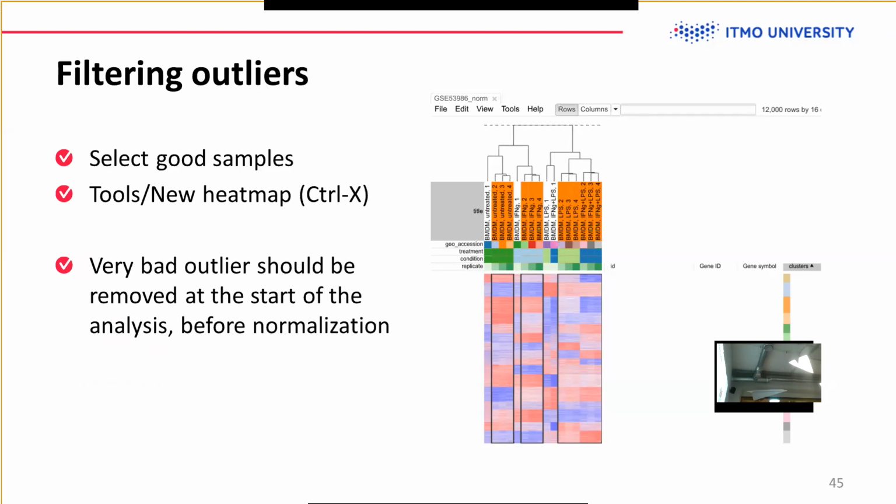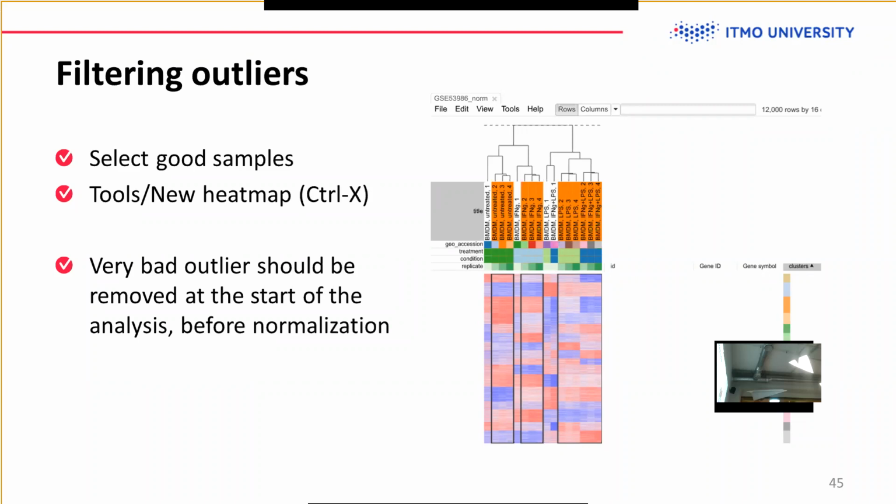However, if we had a really bad outlier, with low RNA-seq coverage or weird gene expression signatures, we would have to remove it and redo the analysis, because remember, quantile normalization uses information from all the samples. So if one sample is bad, this bad information gets spread across all the other samples. But in our case, it's not needed.